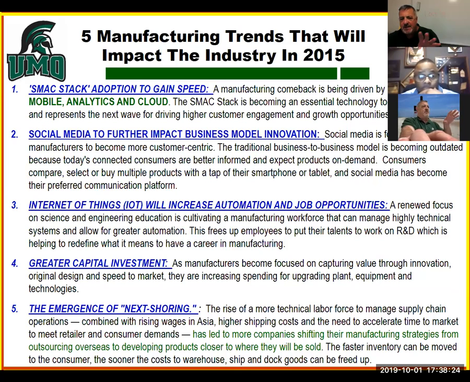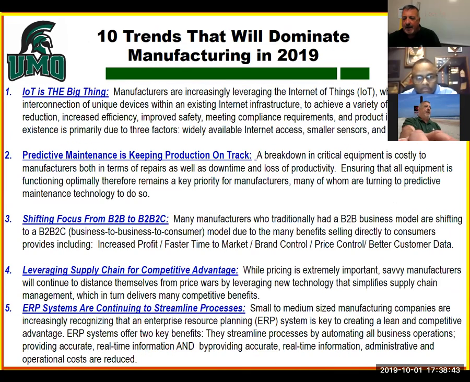In 2015, I identified, not me, but through research, 5 trends that will impact things like reshoring, bringing back, or nextshoring, bringing back companies from overseas, capital investment like. Okay, now there's 10. Okay, Internet of Things is a big thing.